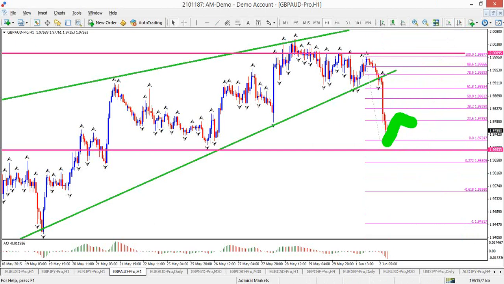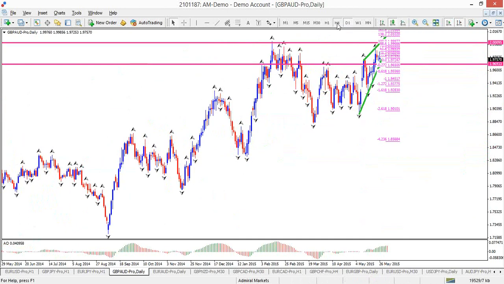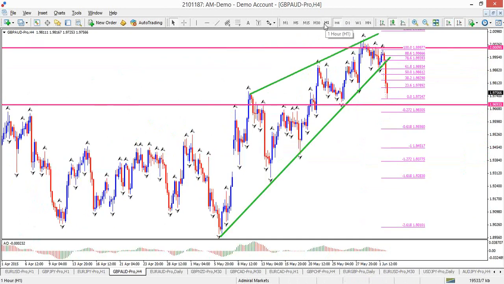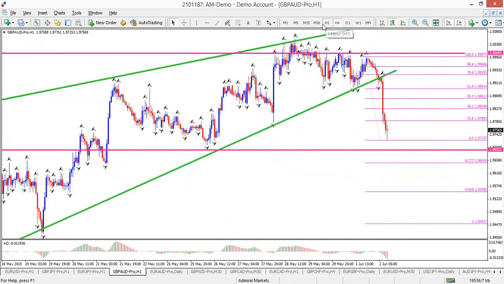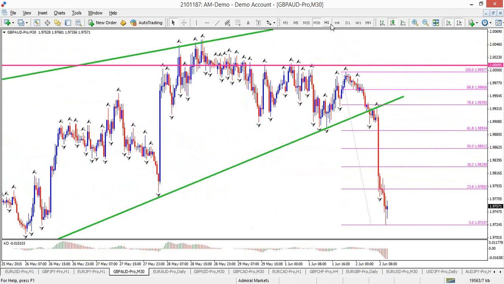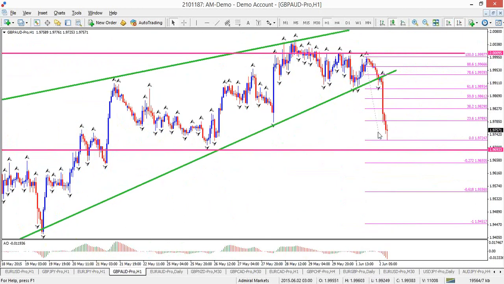Or I should actually do something like this. So I think the pullback continuation is a decent likelihood here. This momentum is going to stop, and there is going to be some correction here.